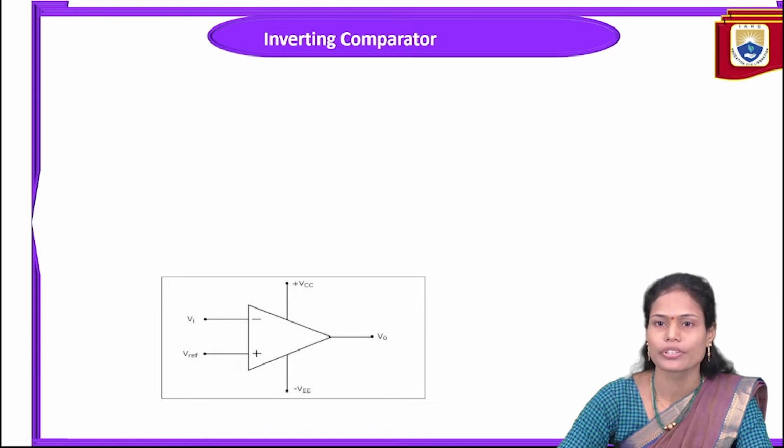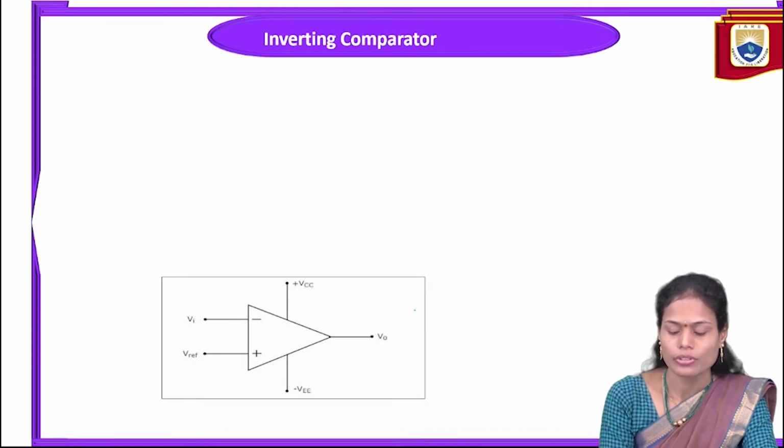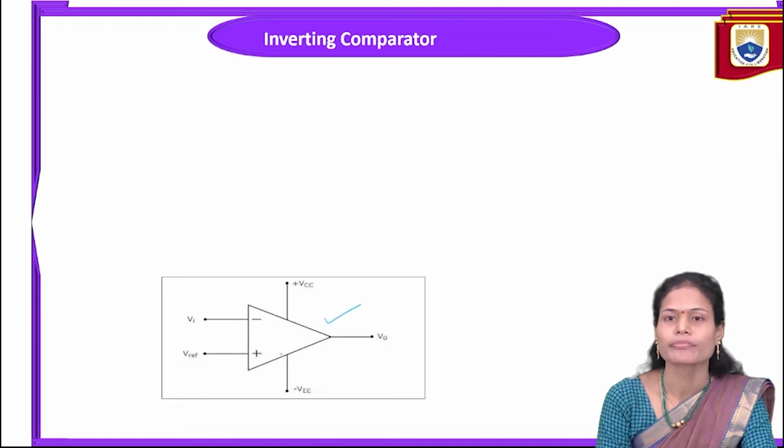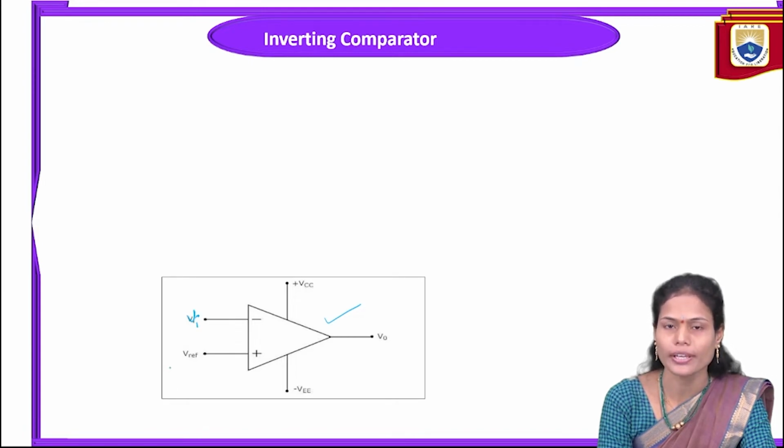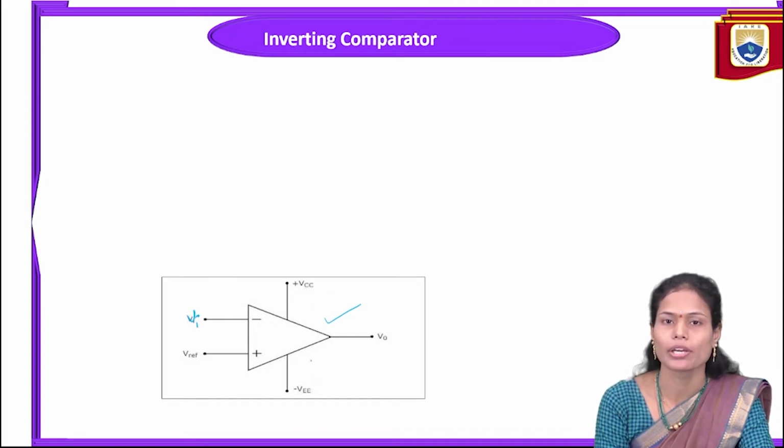So this is the circuit for the inverting comparator. To design this, I considered one operational amplifier, and for the inverting terminal, I am providing the input voltage Vi. This input voltage Vi is compared with the reference voltage connected to the non-inverting terminal, and plus VCC and minus VEE are the supply voltages required for this op-amp.